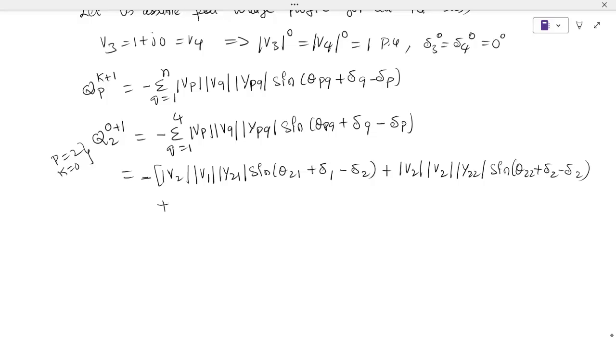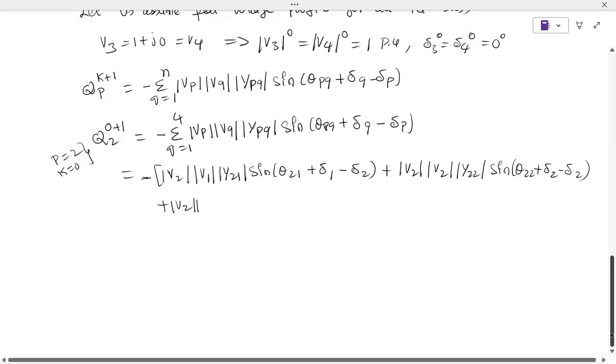The third term is plus V2 V3 Y23 sin(theta 23 plus del 3 minus del 2).